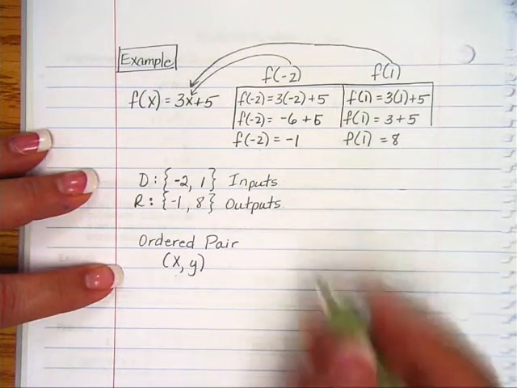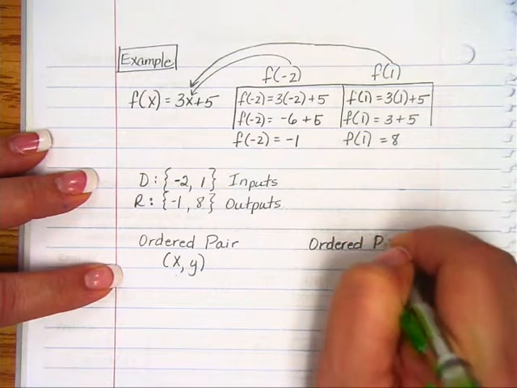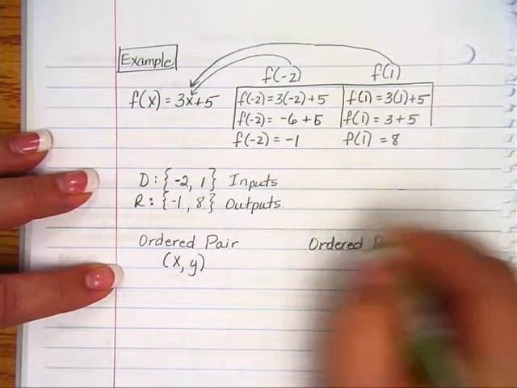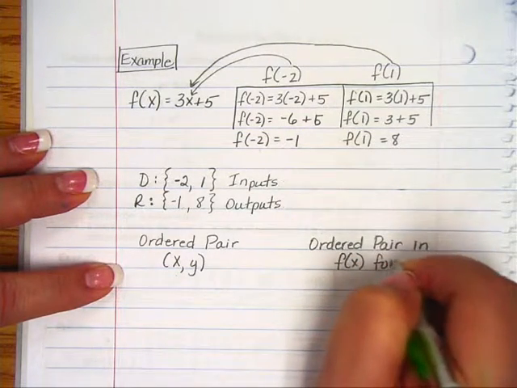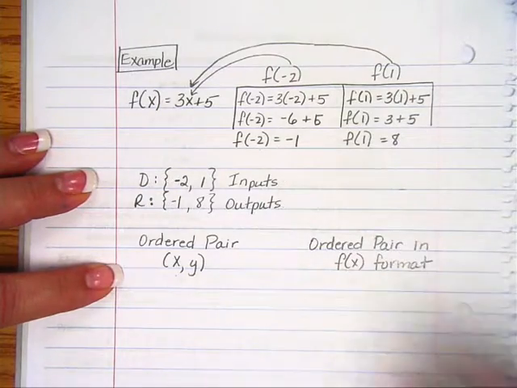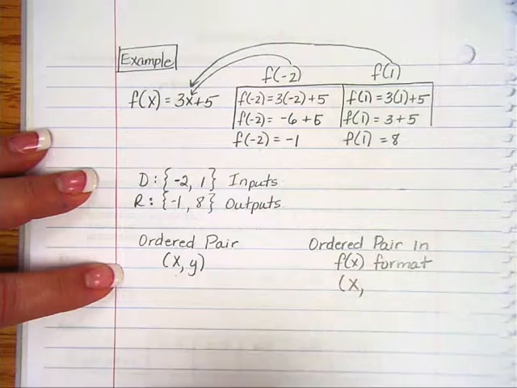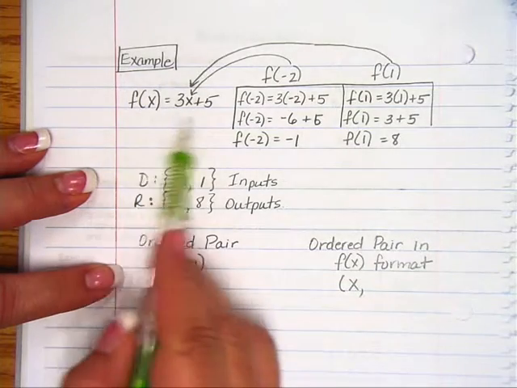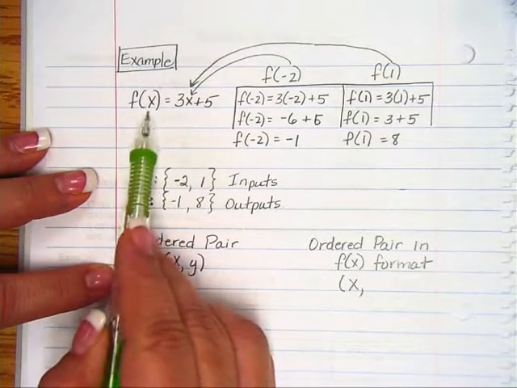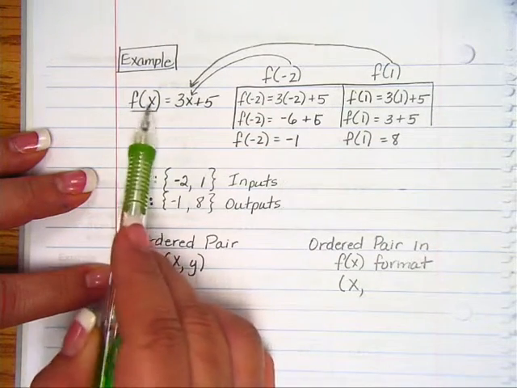How are you going to do an ordered pair in function notation? I'm going to say f of x format. What's it going to look like? Is the x going to change? It's still going to be an x, right? What is the y now? It's f of x.